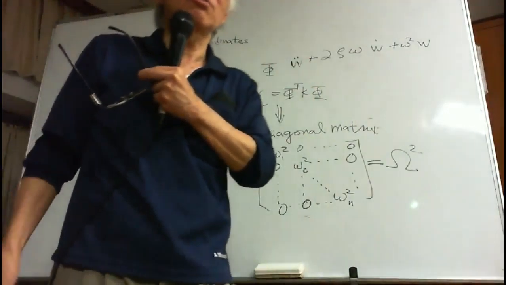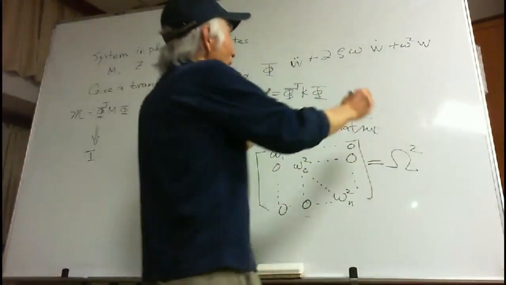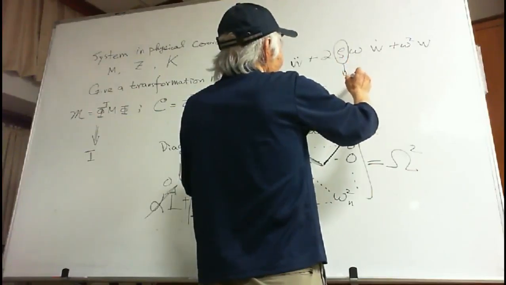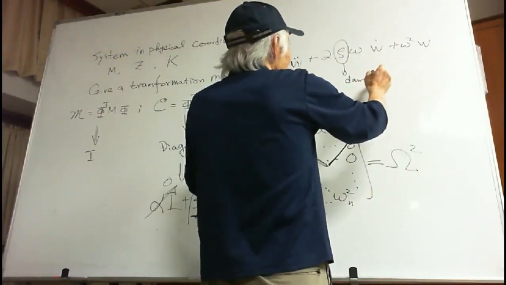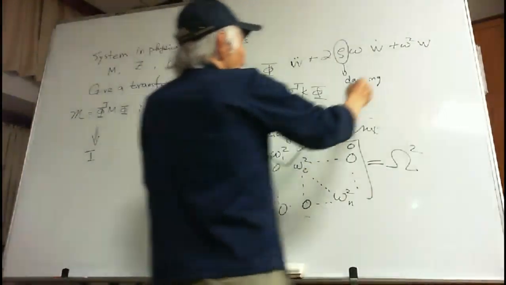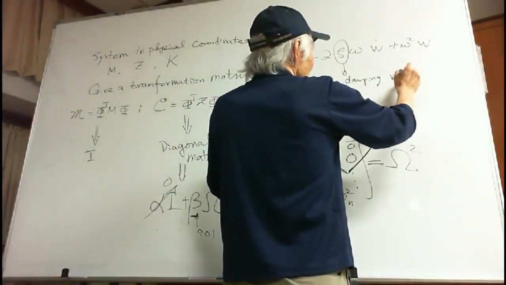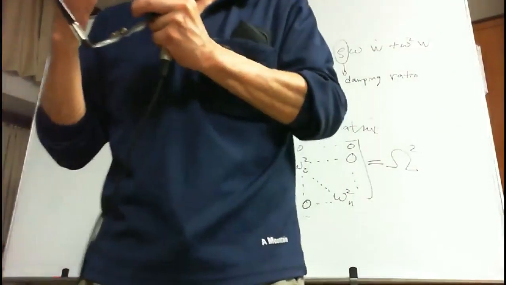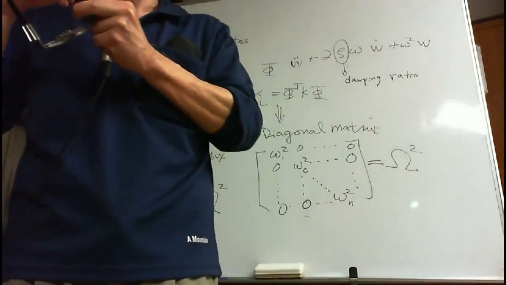Remember these equations? This is the damping ratio we're talking about. It's not exactly the same as this one, but it is related to that damping ratio. So that's what we mean.